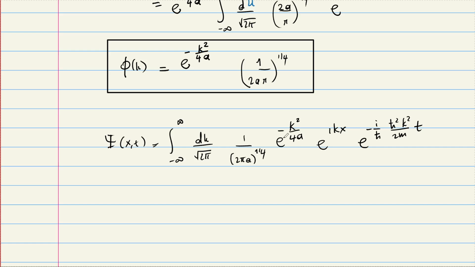But you can see this is k squared, this is k, and this is k squared, right? The entire thing is e to the minus some alpha k squared plus beta k. We can complete the square again and take the integral again.